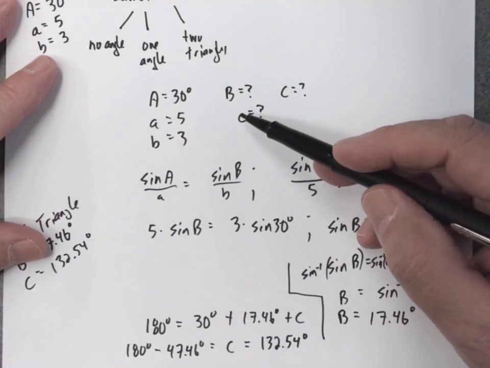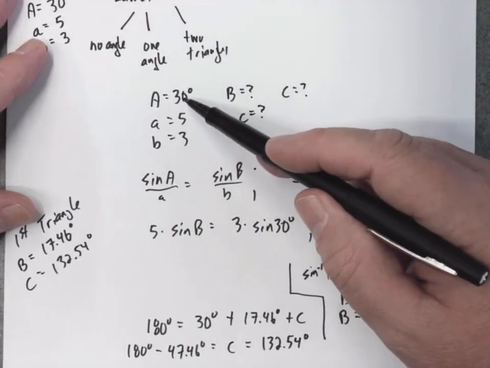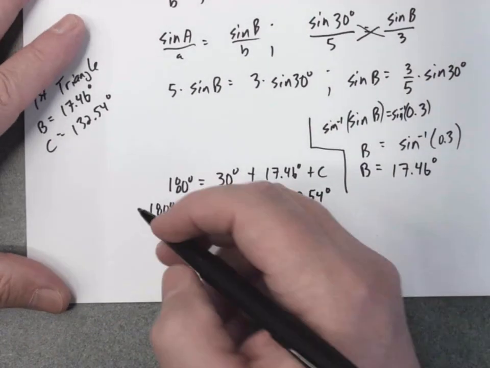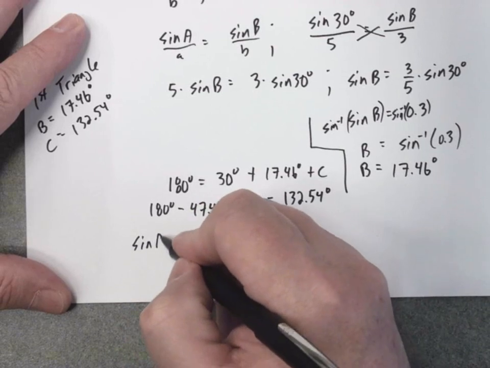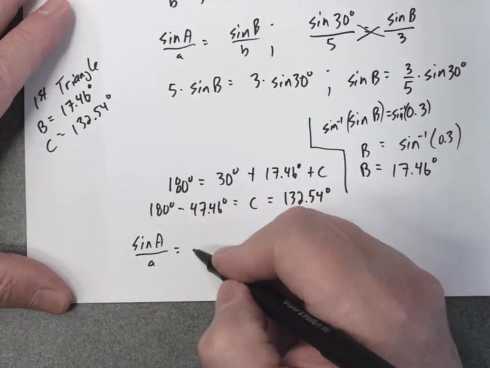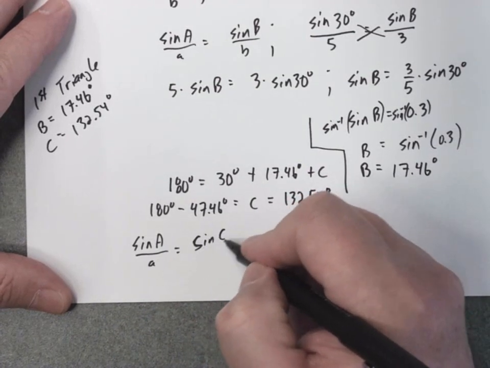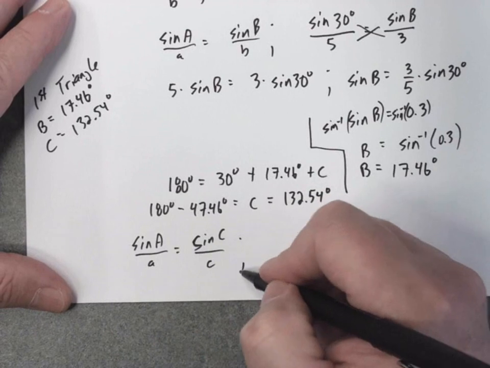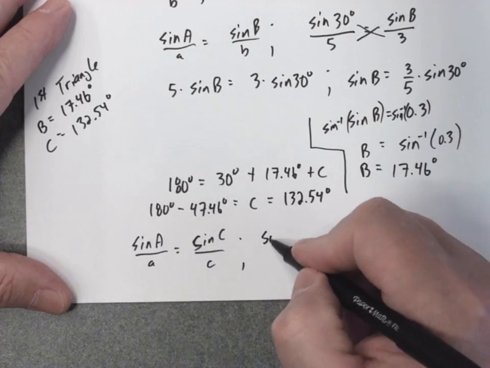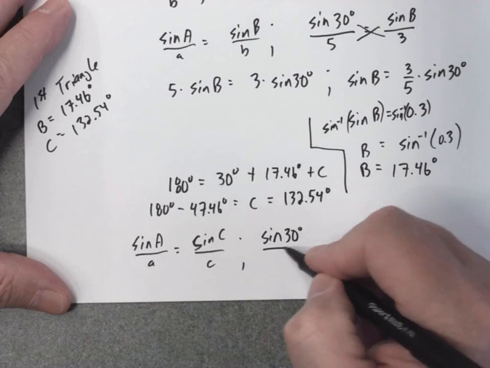The only thing that's left is side C. To find side C, I can use the law of sines with either angle A or B. I'll use it with angle A. So sine of A over side A equals sine of C over side C. If I plug in everything I know, angle A is 30 degrees.